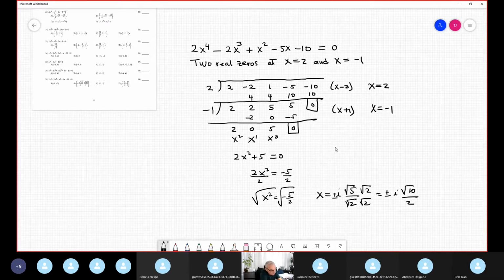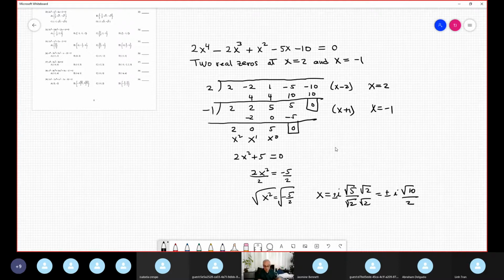40. Let me see 40. 40 is more complicated because the number is bigger, a huge number. Okay, let's see.